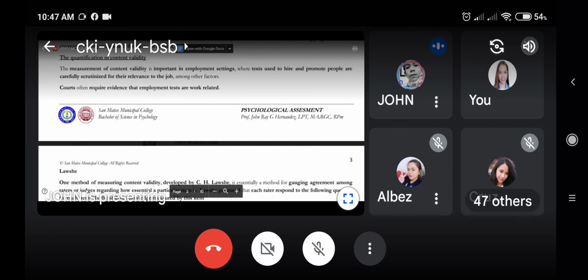to the job. So some of you will become human resource personnel, or human resource staff, manager, or whatever. Testing, or assessment, is very important in the industrial field. From the selection up to the appraisal of the employee, testing is there.